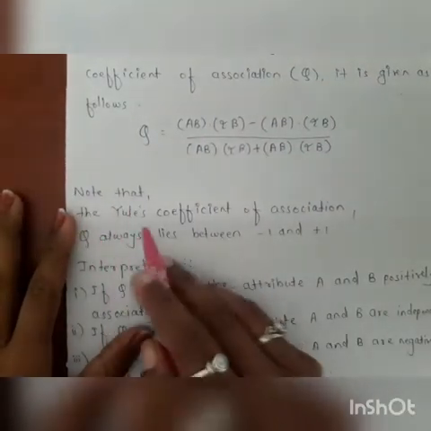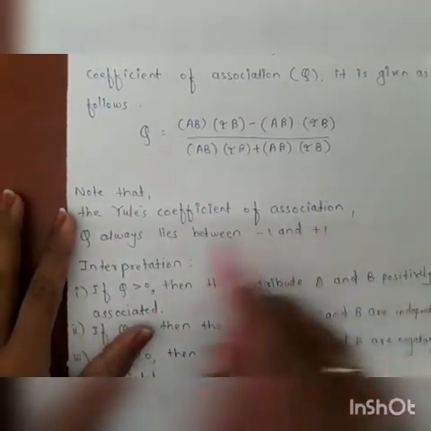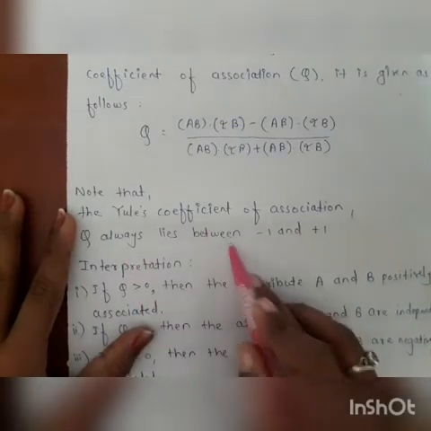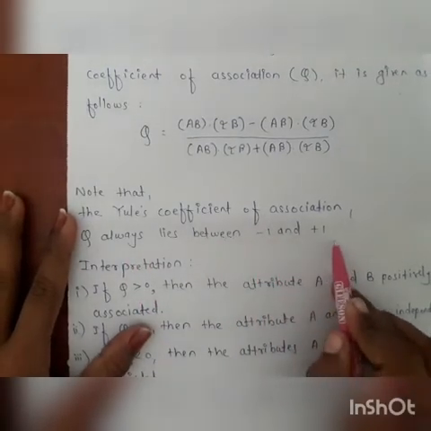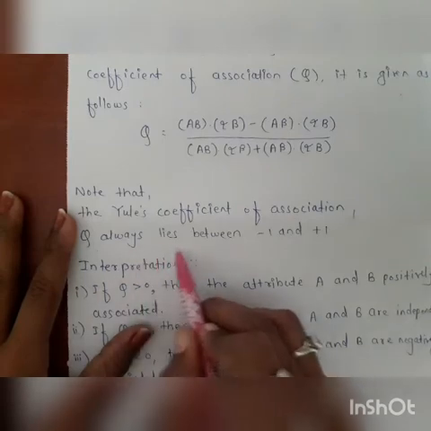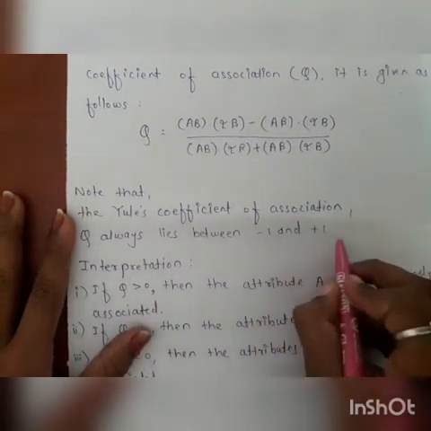Note that Yule's coefficient of association Q always lies between -1 and +1.